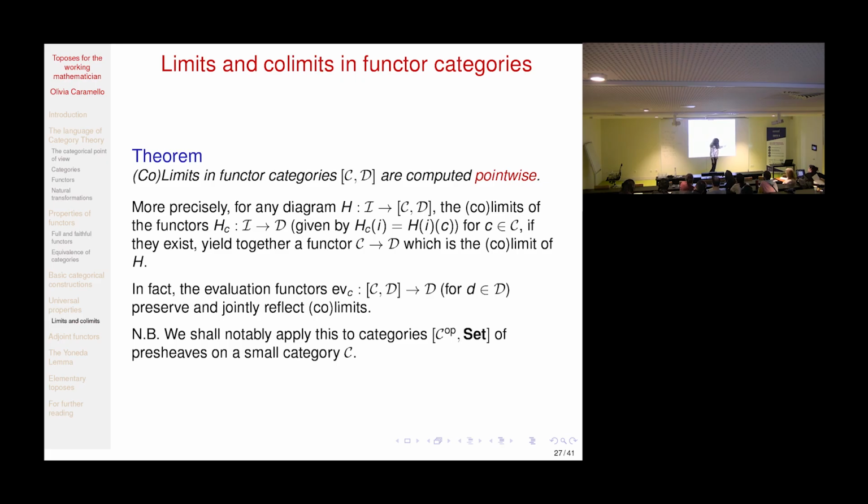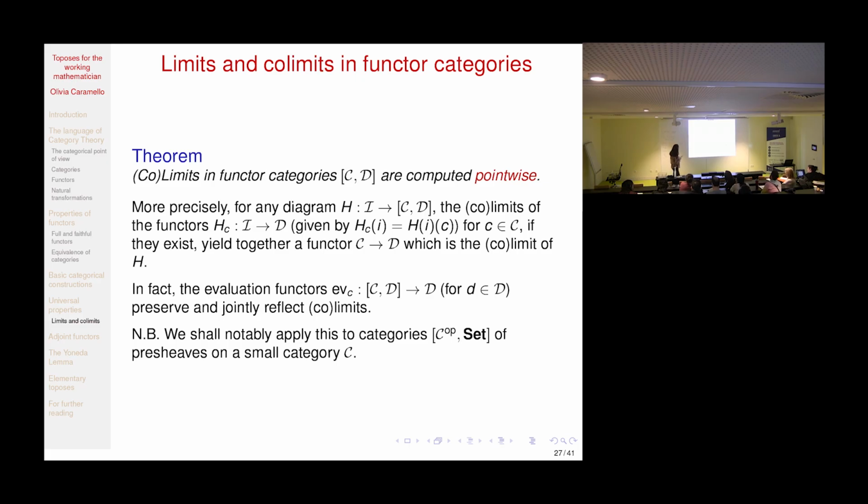By choosing D to be the category of sets, we are quite comfortable because we have just seen that in sets, limits and colimits always exist, for whatever shape we choose. You see, it's marvelous to be able to always construct objects satisfying these universal properties.